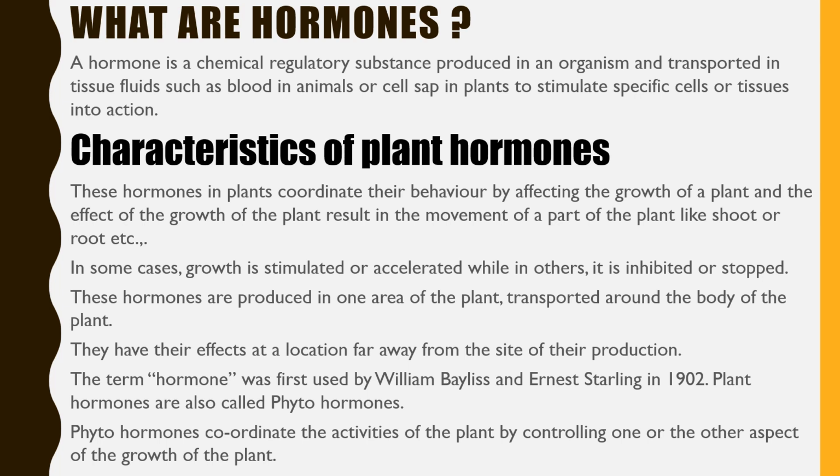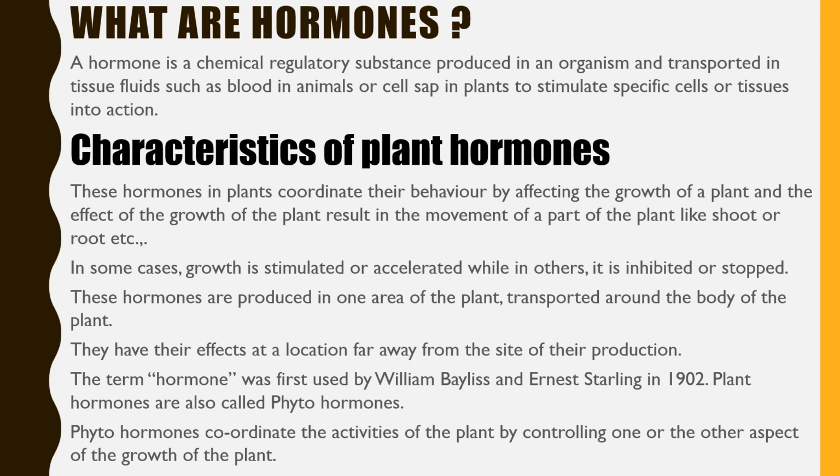What are the characteristics of plant hormones? These hormones in plants coordinate their behavior by affecting the growth of a plant, and the effect of growth of the plant result in the movement of a part of the plant like shoot or root, etc. In some cases, growth is stimulated or accelerated, while in others it is inhibited or stopped.